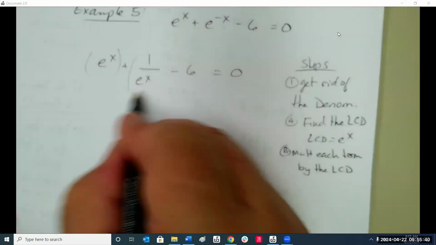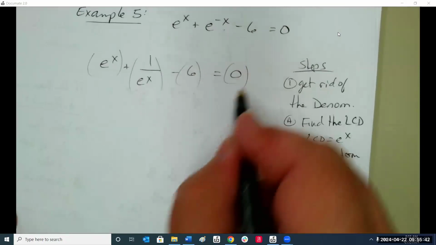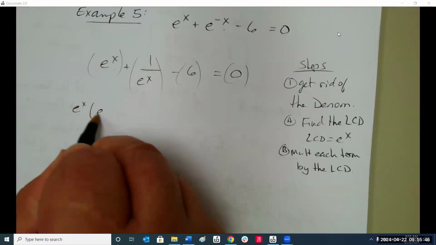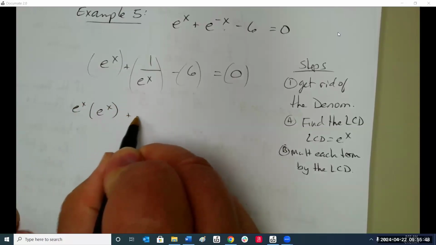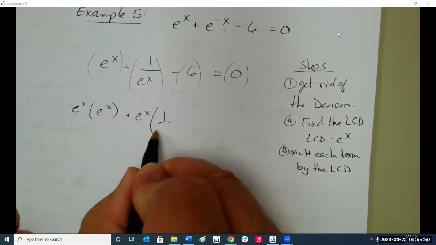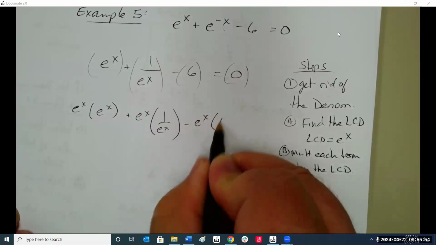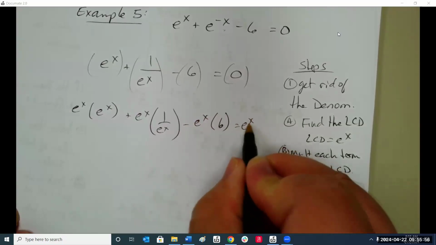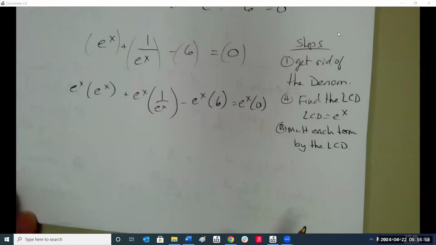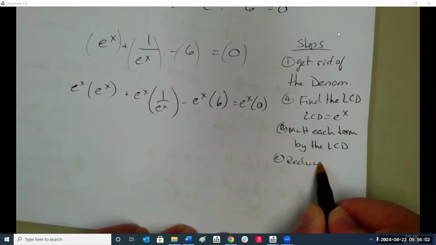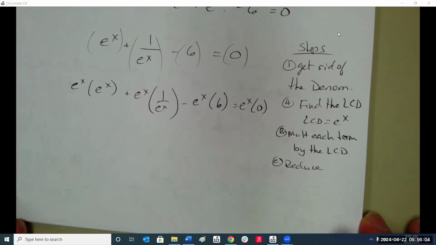So each term, we have e to the x times e to the x, e to the x times 1 over e to the x, minus e to the x times 6, e to the x times 0. Reduce.